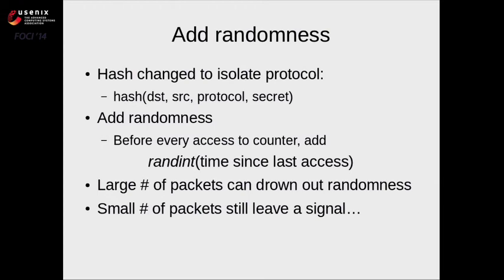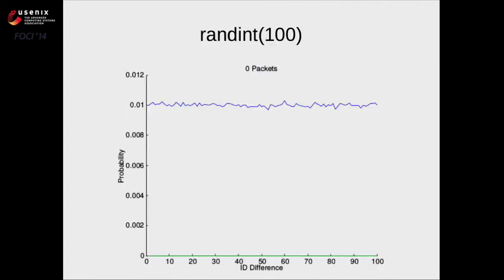Of course, even this is problematic, because if there's a large number of packets being sent, this drowns out the randomness. If there's a small number of packets sent, this can actually still leave a signal, as we'll see here. If there are no packets being sent and we were measuring every 100 time units, we would expect to see this randint of 100 distribution.